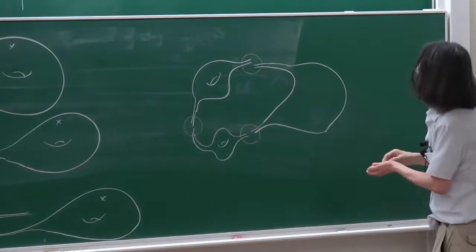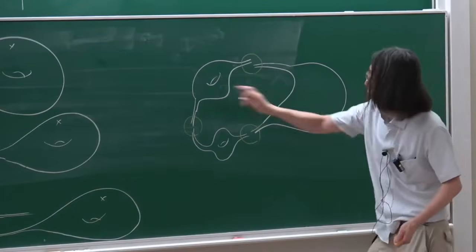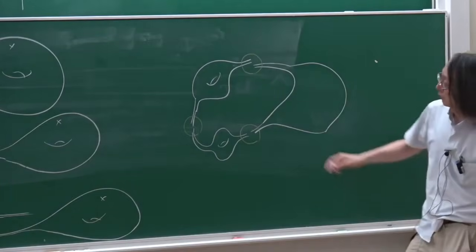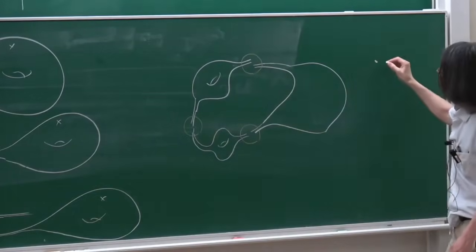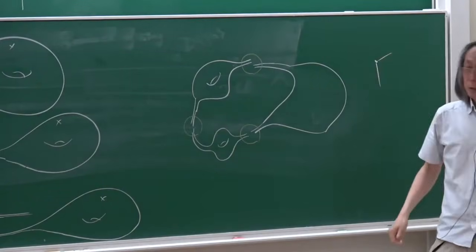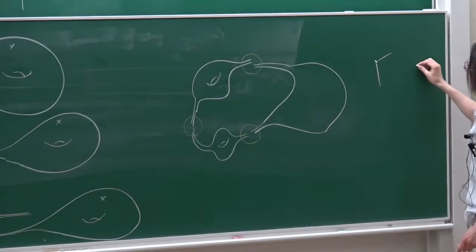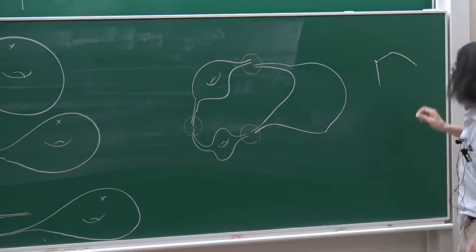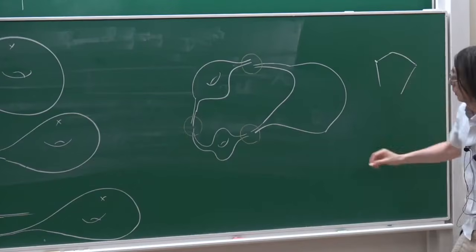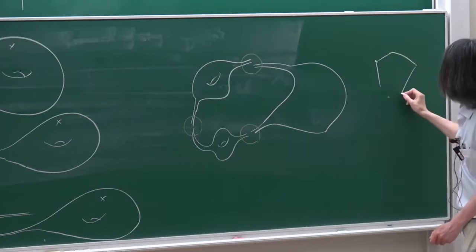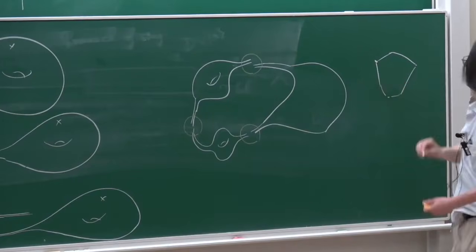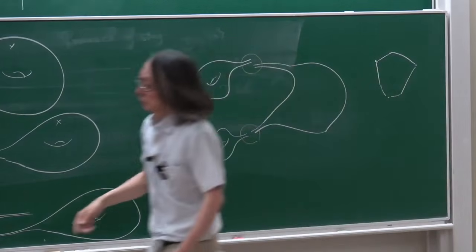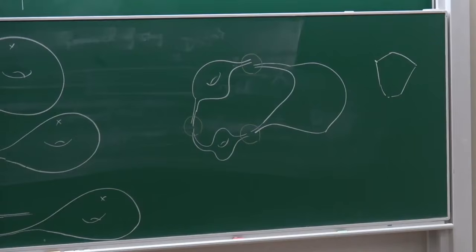So I have the corresponding vertex here, and then it has several edges emanating from here, and from here I also have an edge emanating, and then this one also like this. So you can get this kind of dual graph.